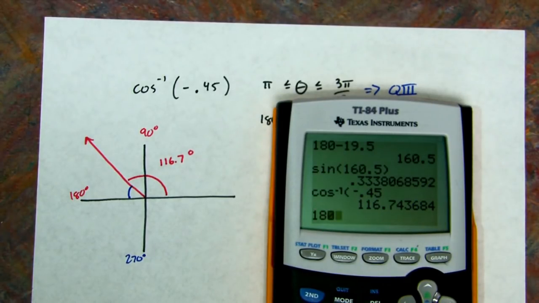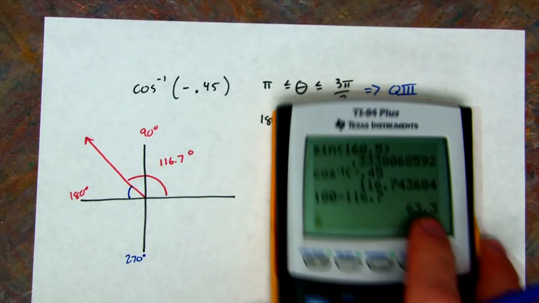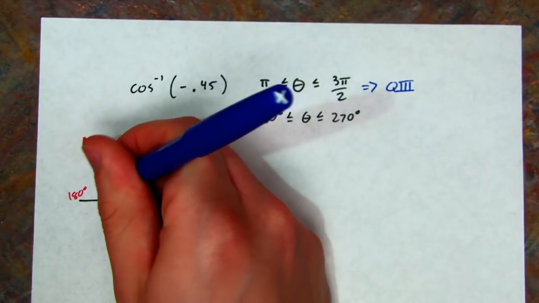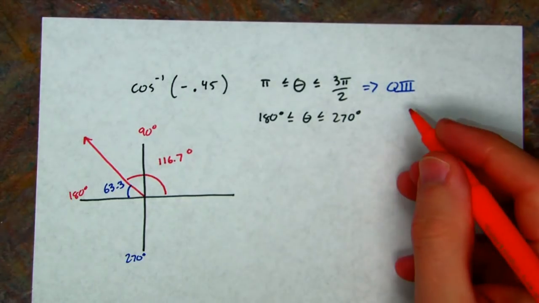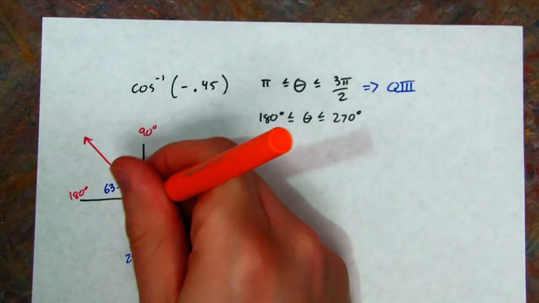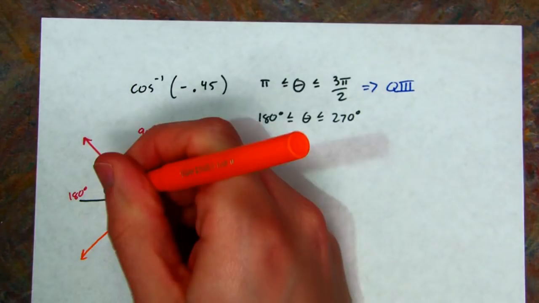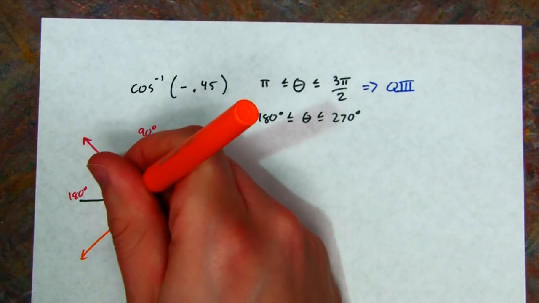So I'm going to take 180, subtract 116.7, and so my reference angle is 63.3. What I'm going to do is use my reference angle, but put it in the third quadrant.